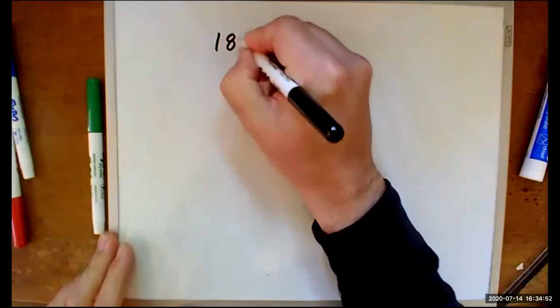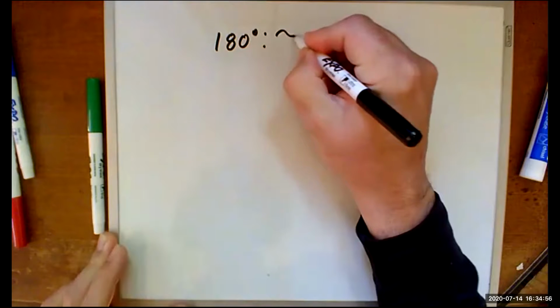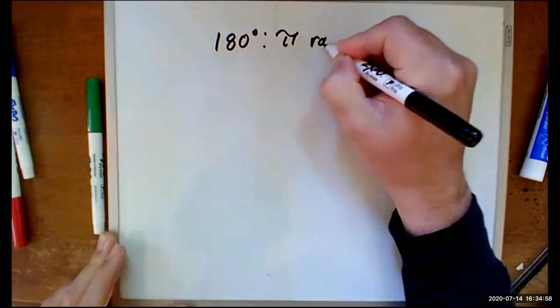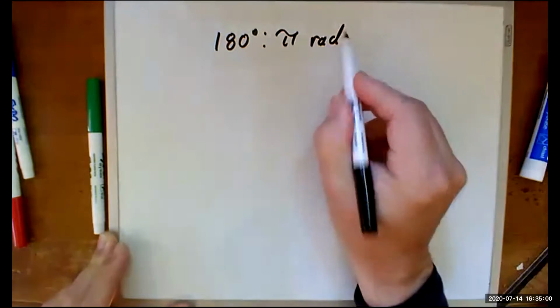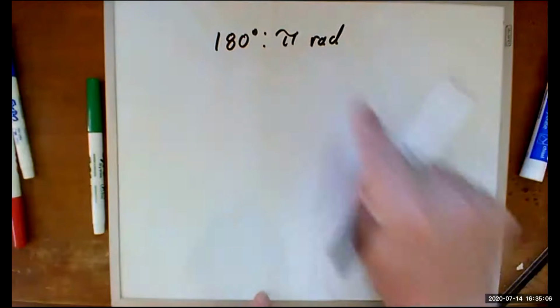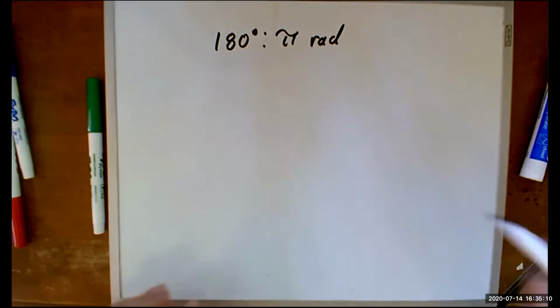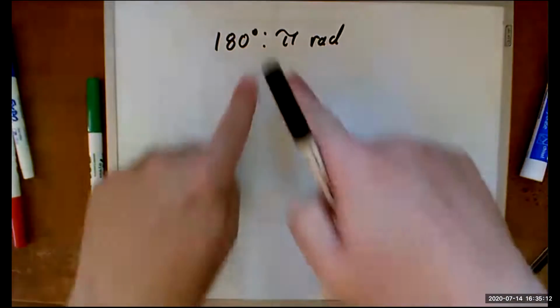So 180 degrees is in ratio to pi radians. Now, most of the time, we don't bother to write that RAD part, which is just the unit for radians. So a lot of the time, you're just going to see 180 degrees to pi, or however the ratio works out.